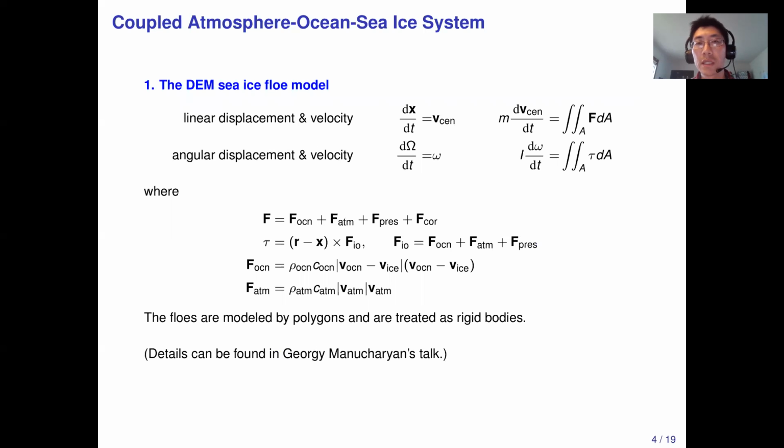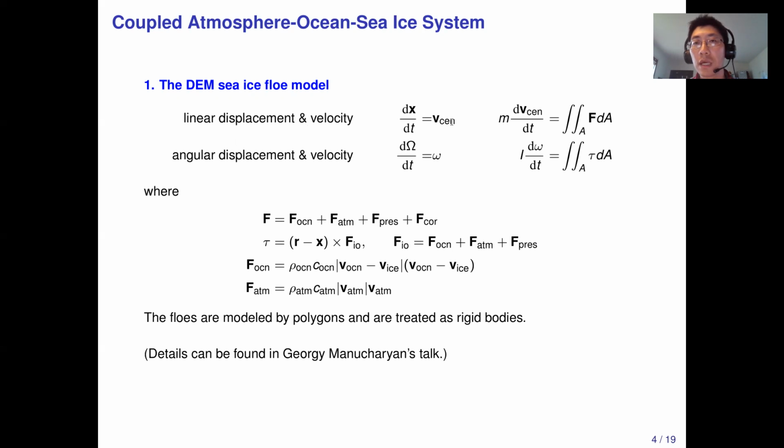Basically, in this model, we try to describe two things. One is linear displacement and velocity, and the second is angular displacement and velocity of each sea ice floe piece. Here, the first equation is basically Newton's law: the time derivative of the displacement equals the velocity.